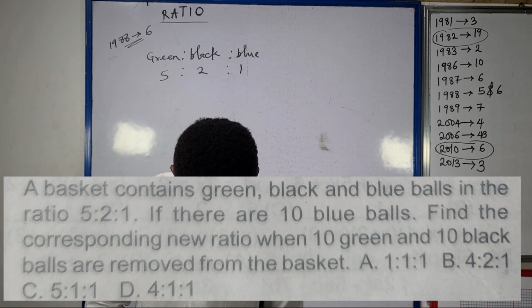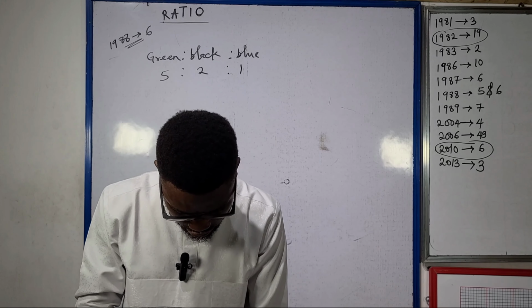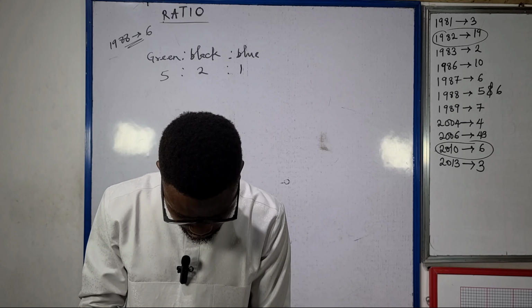If there are 10 blue balls, find the corresponding new ratio when 10 green and 10 black balls are removed from the bag.